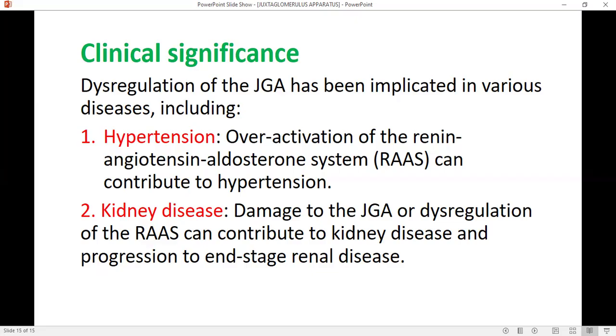Okay. So is it clear on the juxtaglomerular apparatus? Somehow, sir, because you're too fast. I'm too fast. Yes. Do you know that I'm too fast?